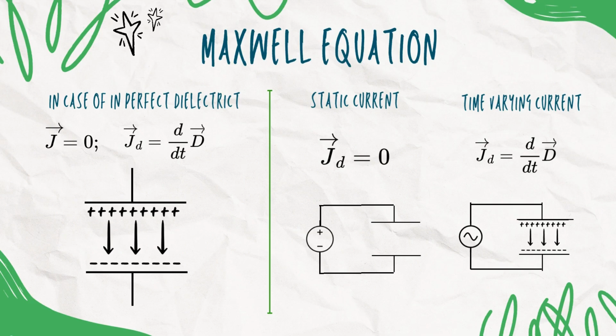While in time varying current, in the case of AC voltage, the displacement current will depend on the rate of change of the flux density. So there will be a short circuit for a capacitor when we connect it with AC voltage.